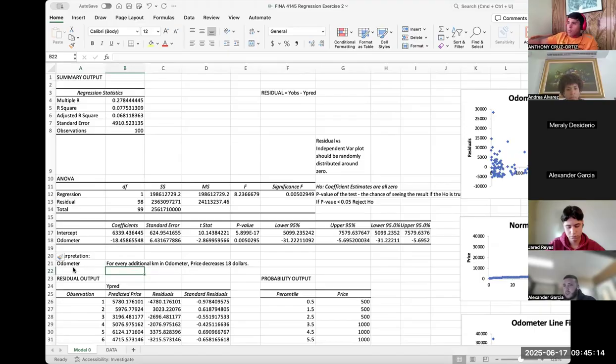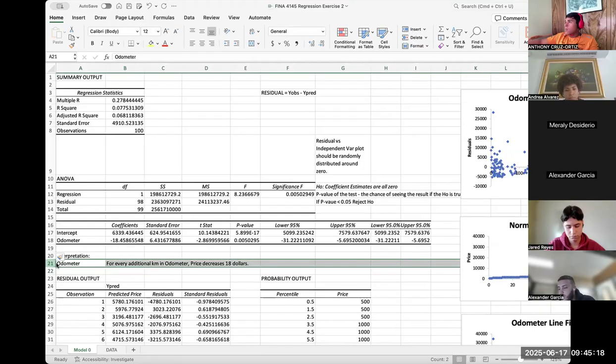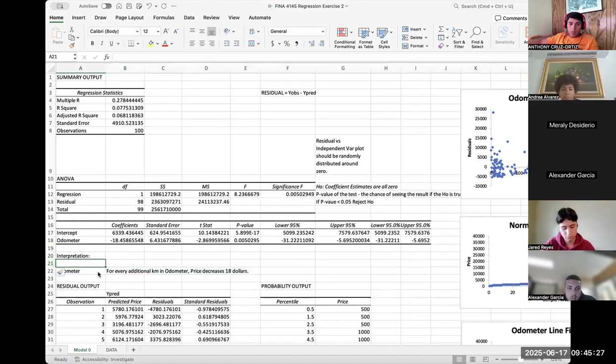And what about the intercept? How do we interpret the intercept? I keep adding rows. The p-value of the intercept is also very small.